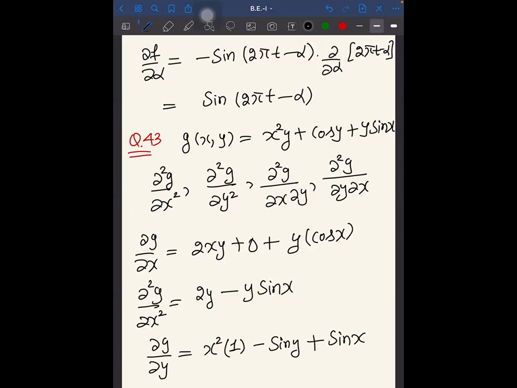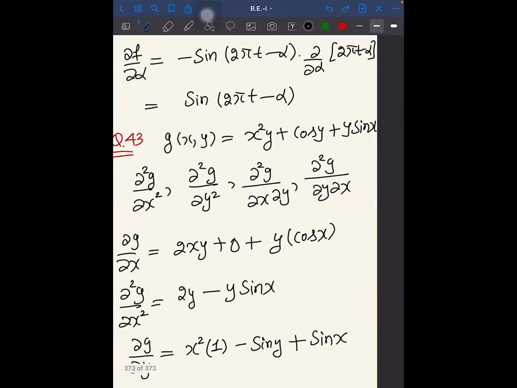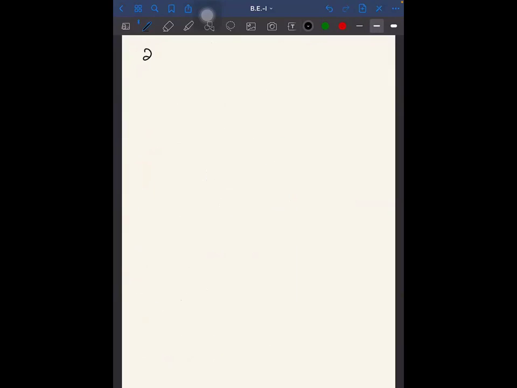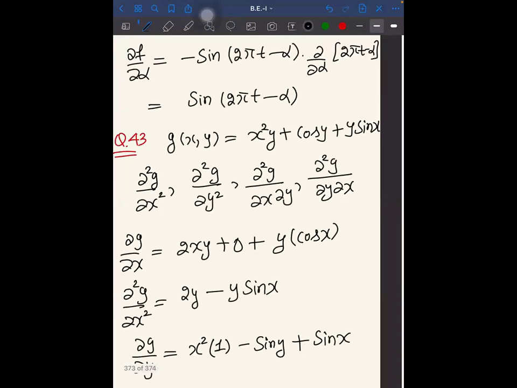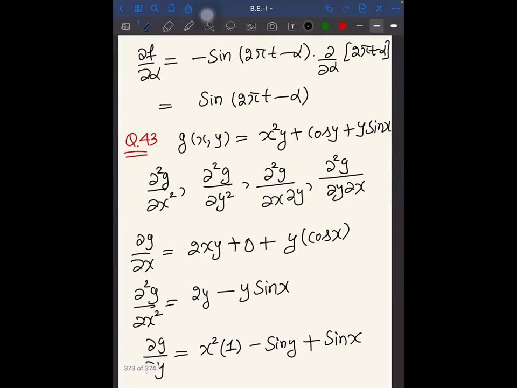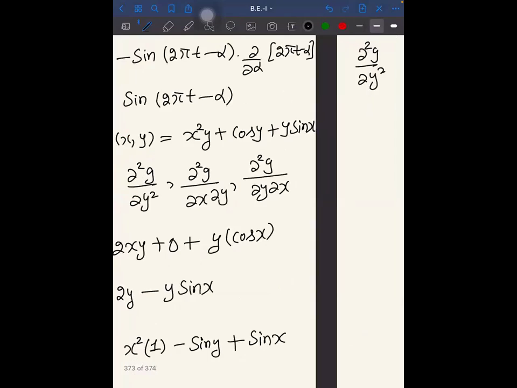Right? Now you differentiate with respect to y again, so you know that these two terms will get eliminated. And differentiation of sin y would be cos y, right? So if you take ∂²g/∂y², okay, that becomes minus cos y.